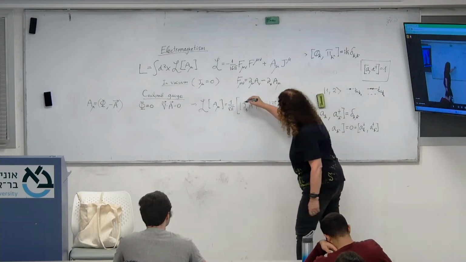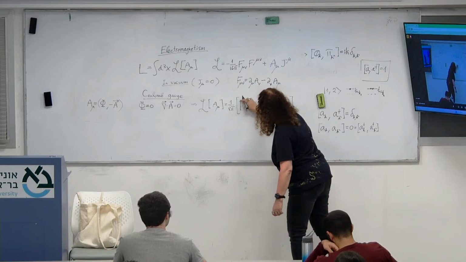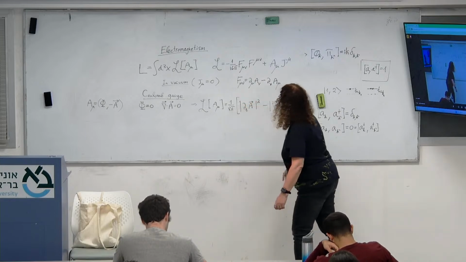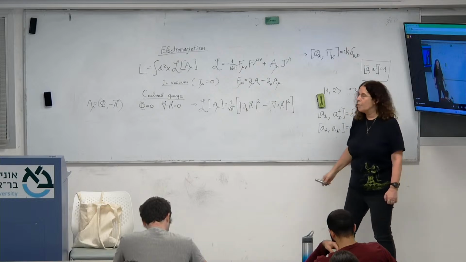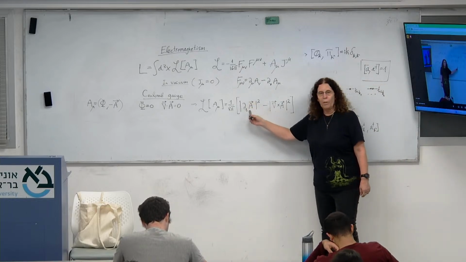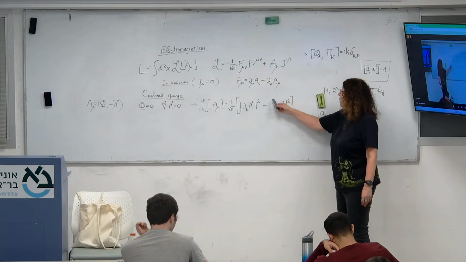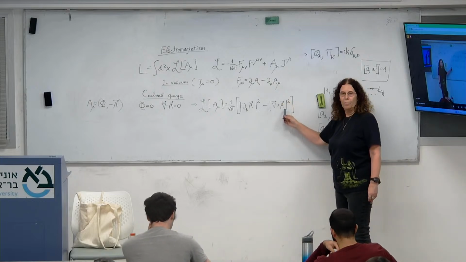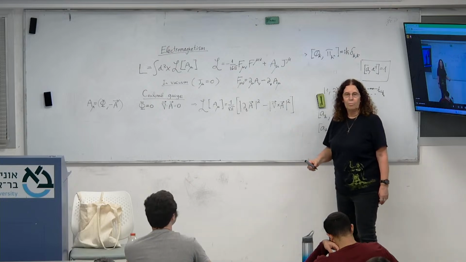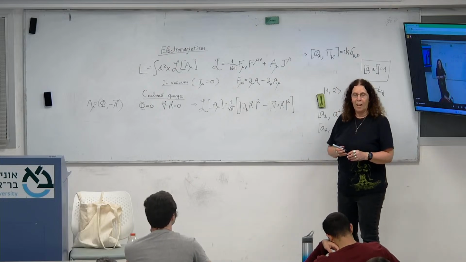Okay, so this is absolute value. So it's just the time derivative squared minus the curl of A squared. That's all. The electric and the magnetic. Exactly, yeah, good.